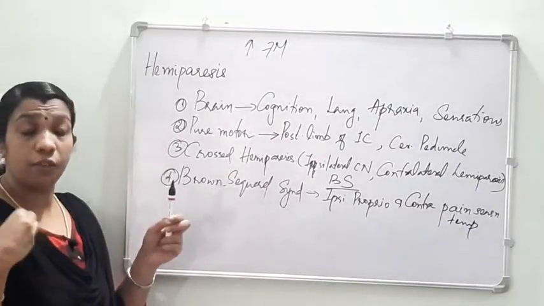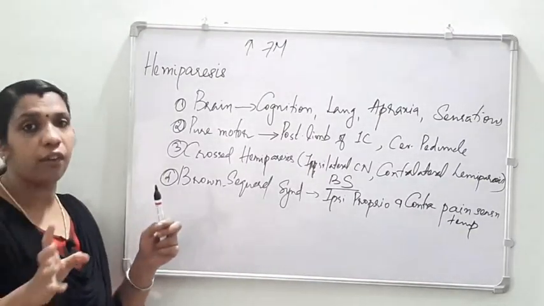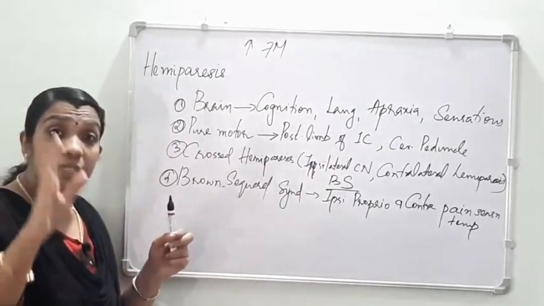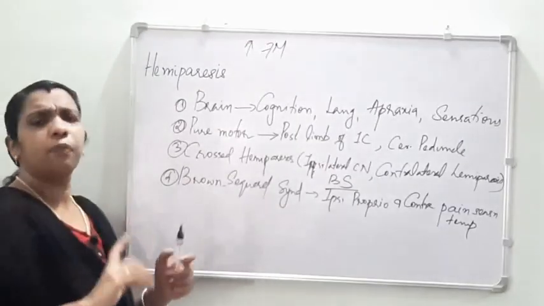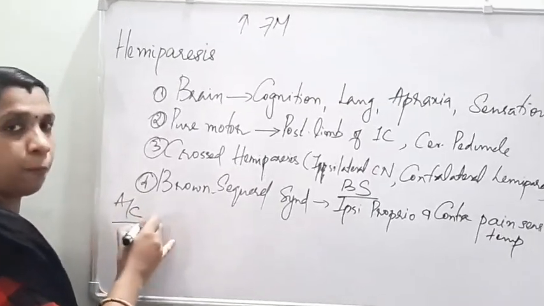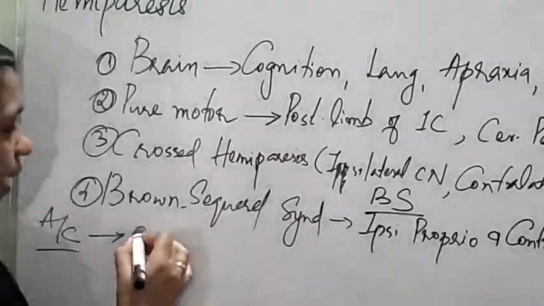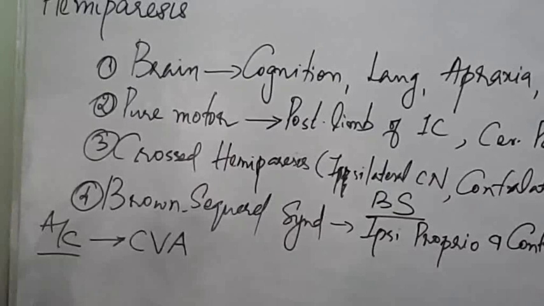If a person is complaining of mild or moderate weakness on one side of the body, you should ask the patient, or examine the patient, for all these reasons. You understand? Okay, then we will see the causes of acute hemiparesis.